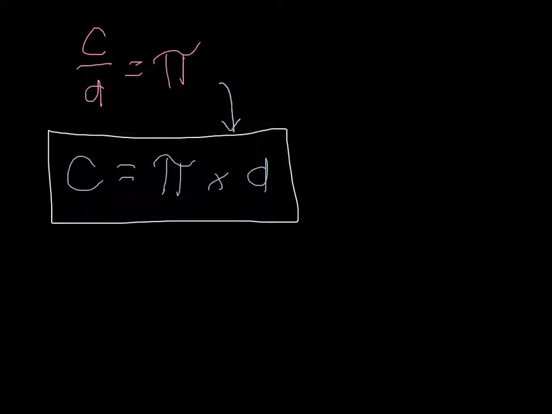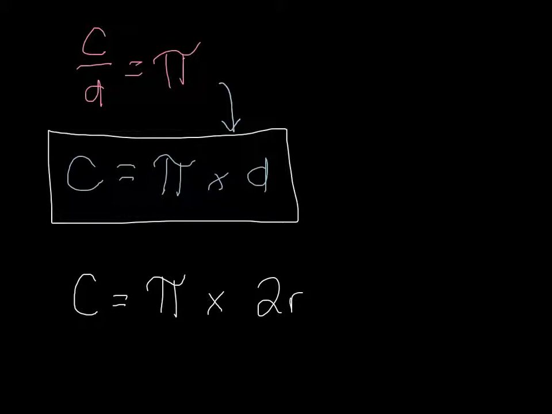In the situation where you have the radius of a circle, and we would like to figure out the circumference, we know that the radius is half of our diameter. We could figure out circumference equals pi multiplied by your radius times 2, or 2r. Let me rewrite that. Your circumference equals pi times 2r.